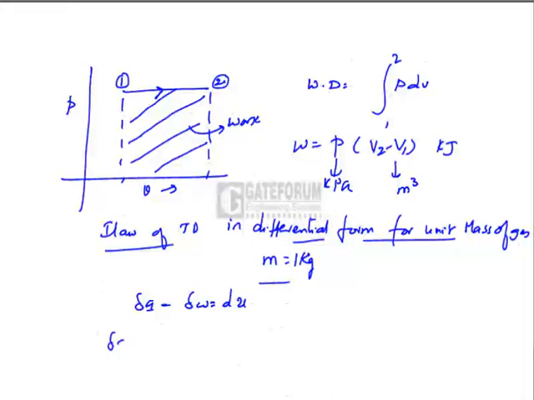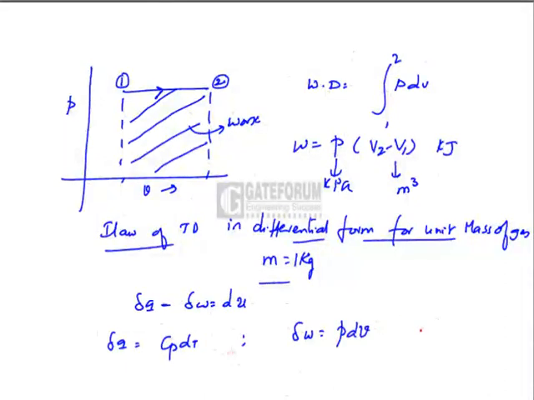Delta Q is Cp dT, where dT is the differential increment in temperature and delta Q is the differential amount of heat supplied to the gas. Delta W is equal to PdV.